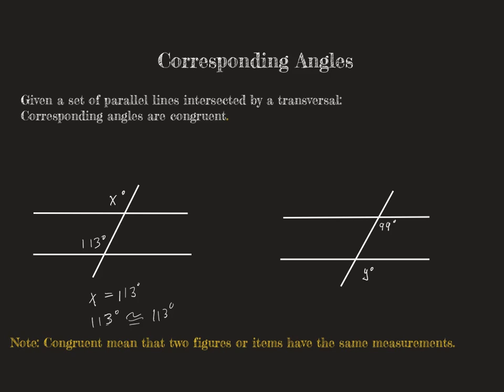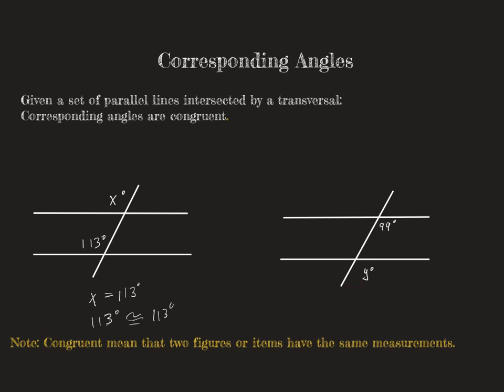For the next one, you have something similar. If you look at the top parallel line, and this corner right here, you have 99 degrees. So opposite of that, right here, in the other line, that's going to be your corresponding angle.